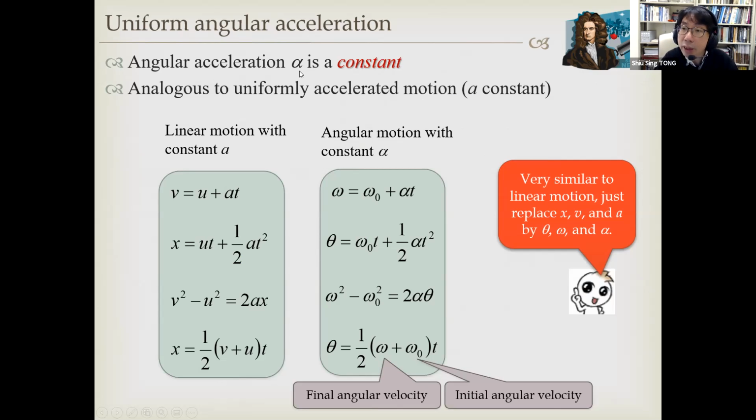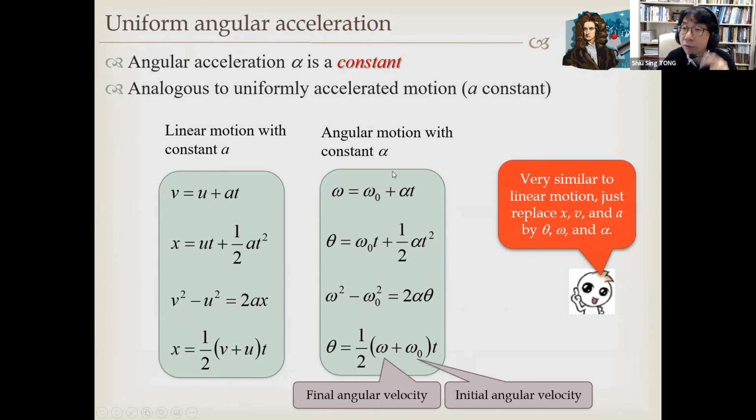Now, there's a special case: the angular acceleration alpha is a constant. In that case, all the equations that we have derived are identical in form to the rectilinear counterpart. In rectilinear motion, you start with x, you differentiate x, you get v, you differentiate v, you get a. And if a is a constant, then you can express the velocity and the displacement using the equations of uniformly accelerated motion, right?